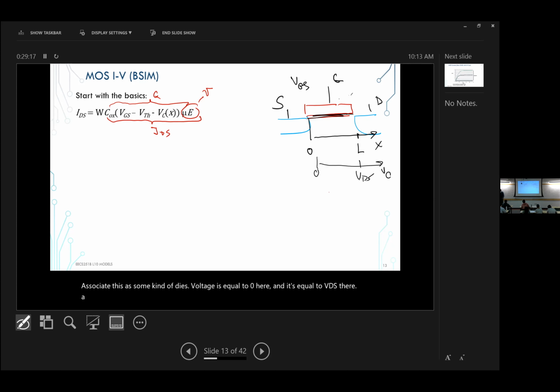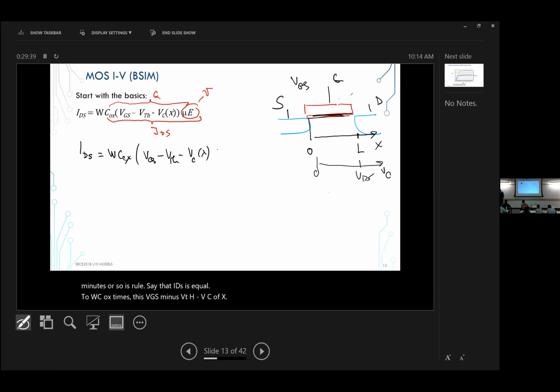So the way you might have seen this being solved, and I'll try to do it in the next 2 minutes or so, is we'll say that IDS is equal to W Cox times (VGS minus VTH minus VC of x) times the mobility, and you pick electrons or holes.